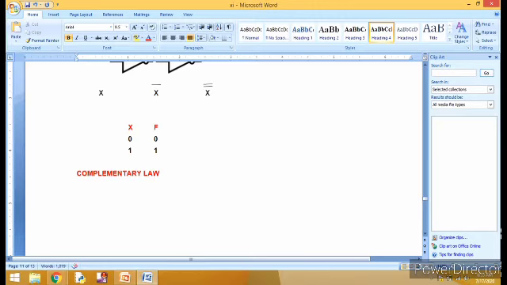No. Okay, anyhow. It says that if an input x is passed, with which operator is it being passed?